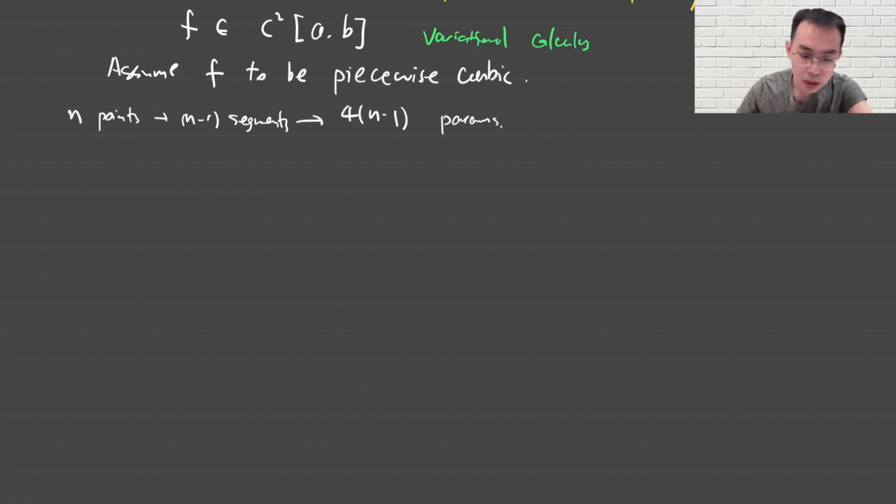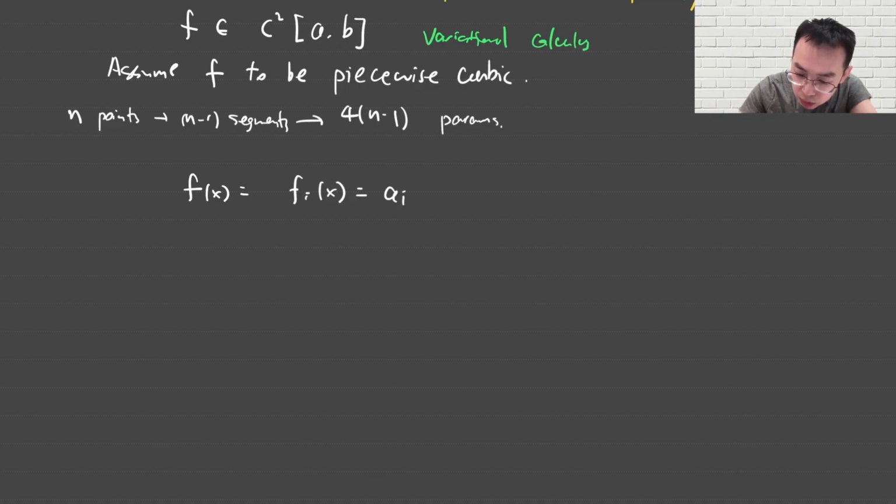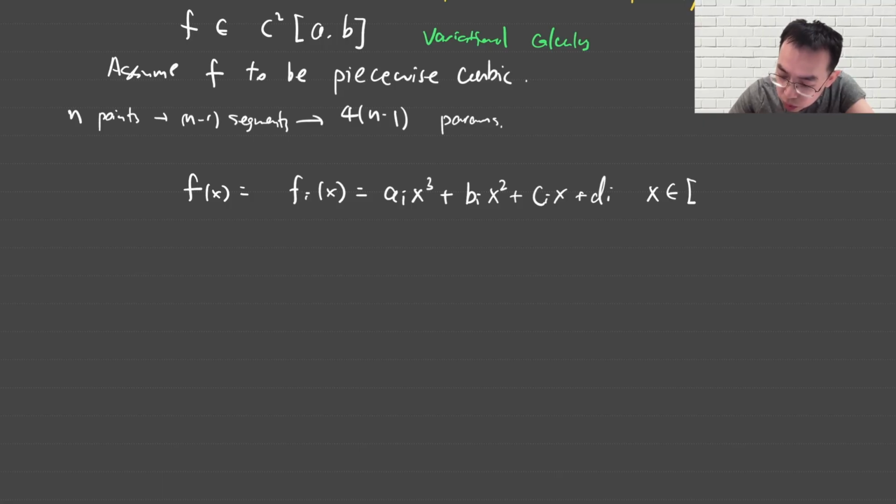That means we can write f of x equals f_i of x equals a_i x cubed plus b_i x squared plus c_i x plus d_i, when x is in segment i, going from x_i to x_{i+1}.